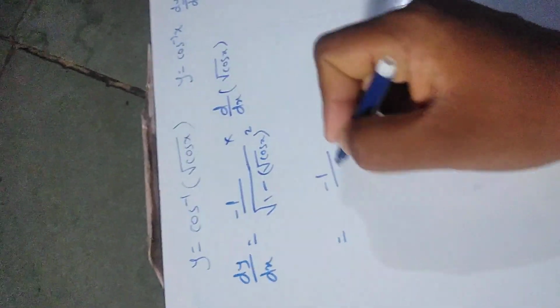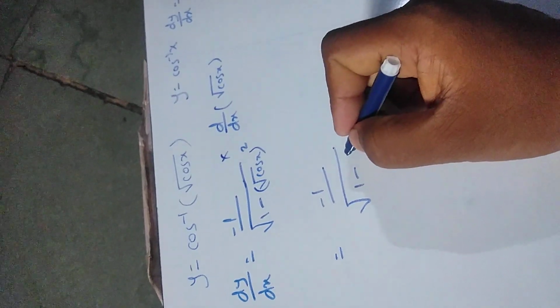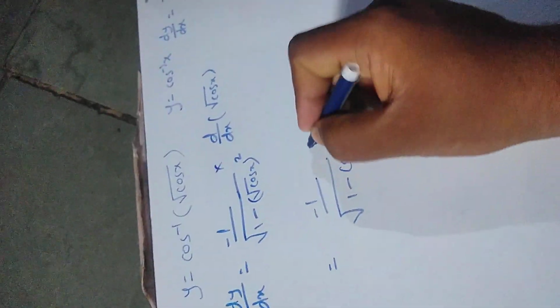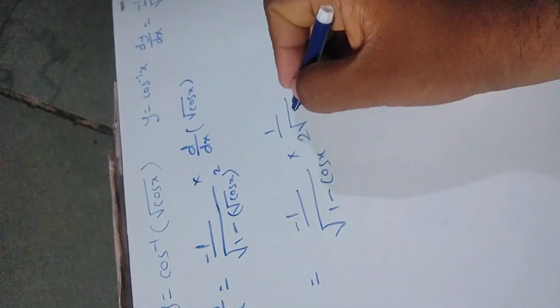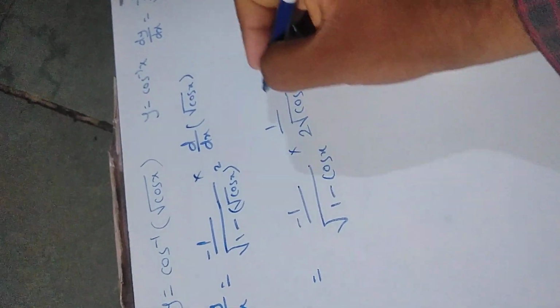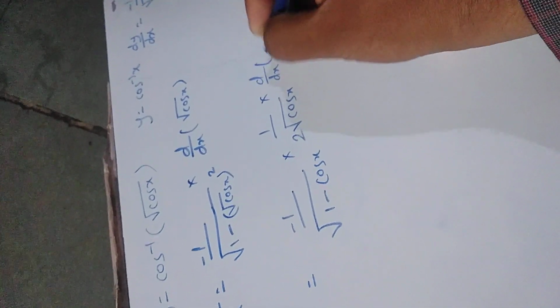So in the next step, it will be minus 1 upon under root of 1 minus under root of cos x square will be cos x into derivative of under root of cos x will be 1 upon 2 root of cos x into derivative of cos x.